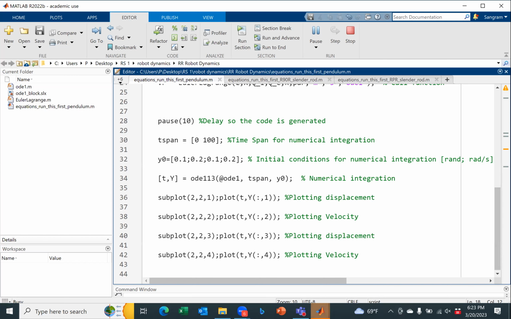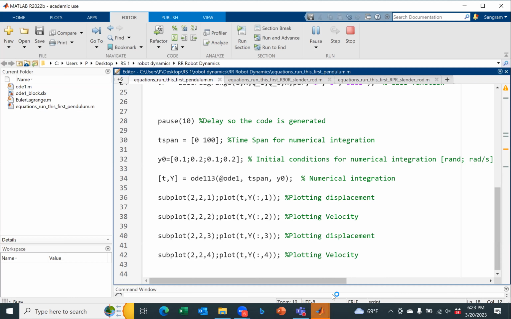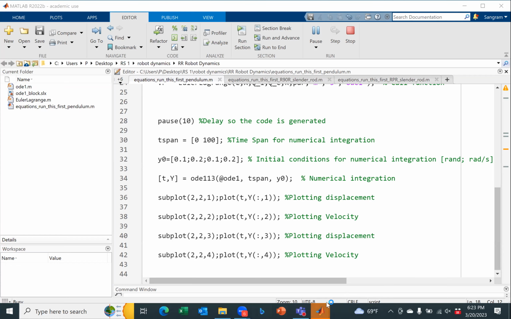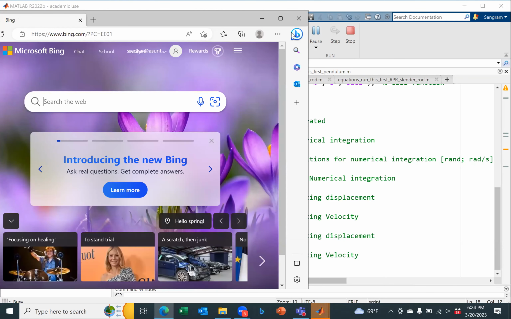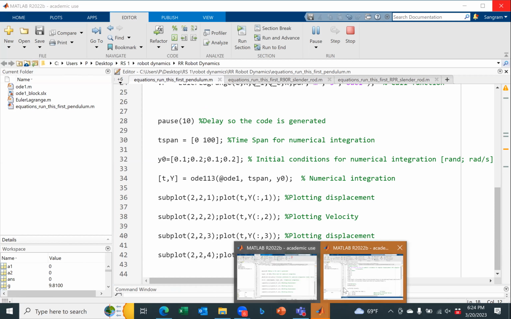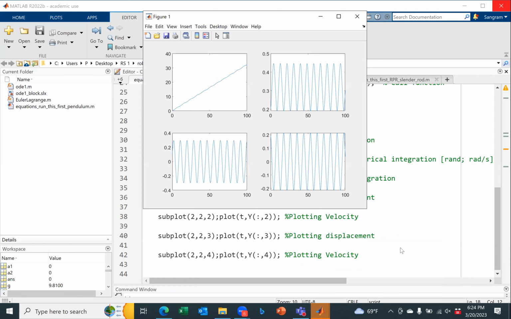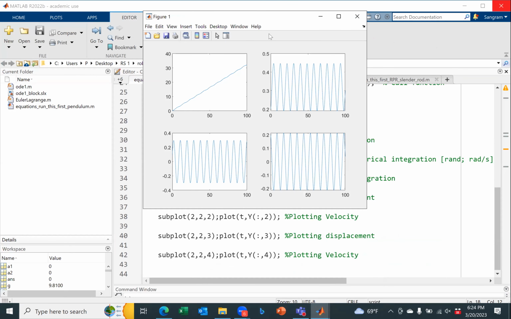Please run this code, and you should see a result like this.